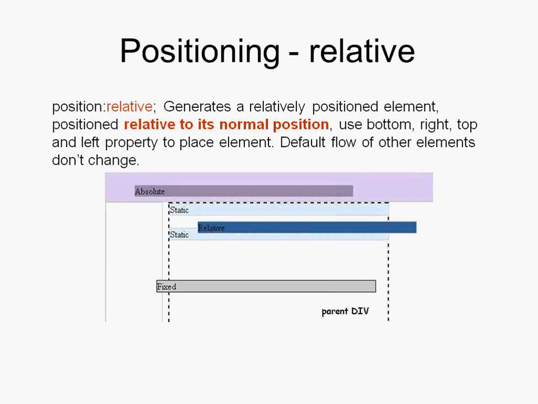So even though the element comes out of the default layer, the space for your element remains there. I know it's very difficult. It's okay. Don't worry. I will show more examples, then probably you can think about it.